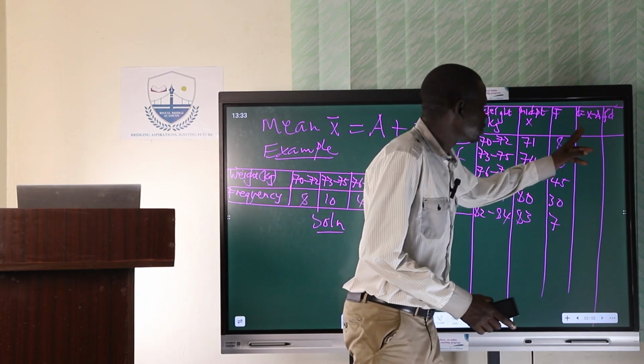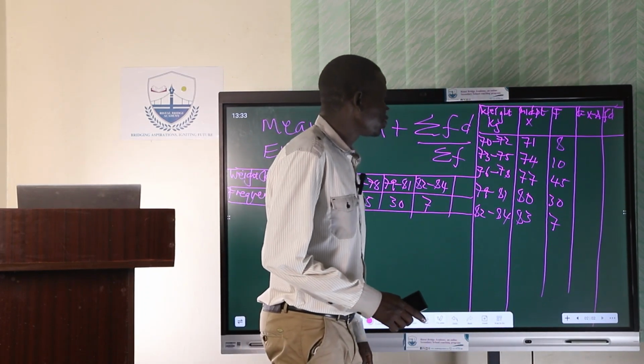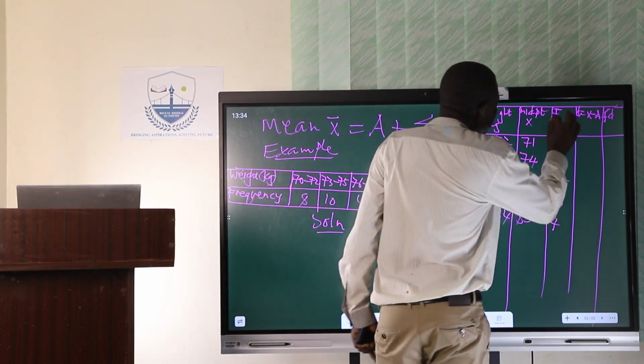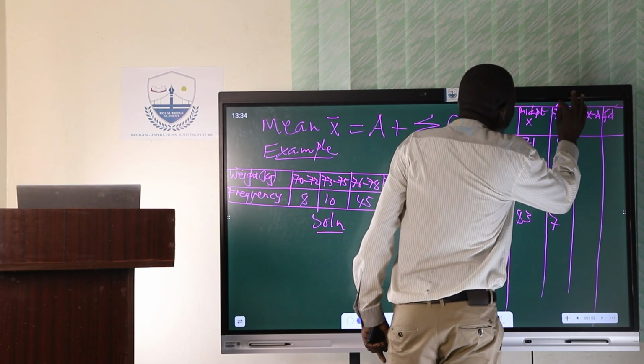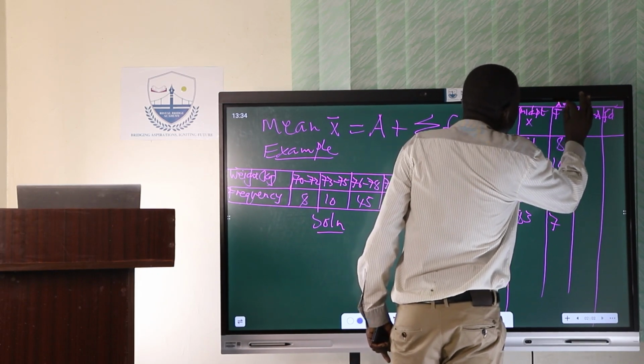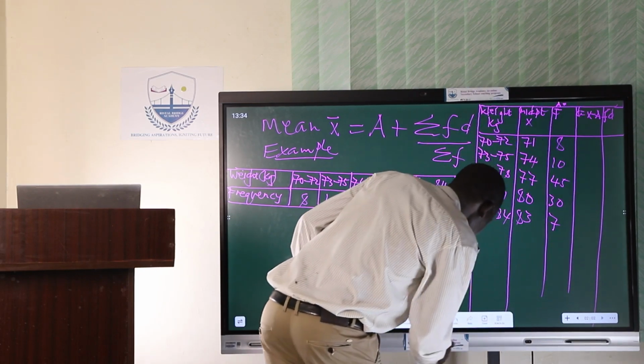Then we can now get the deviation. Remember, they told us to use the working mean as 77. So our value of working mean, we shall put up there as A. A is equal to 77.